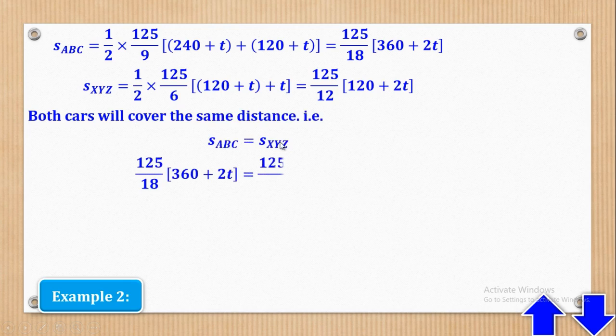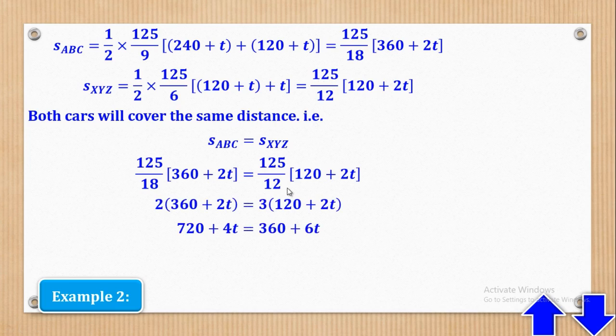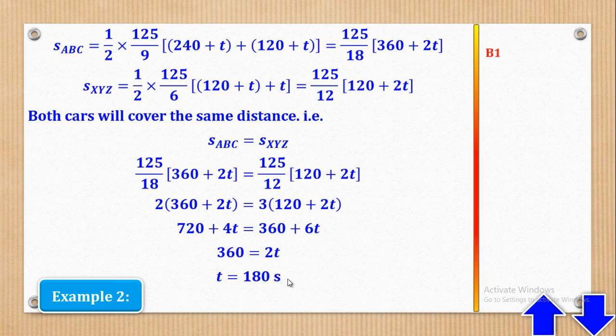So I'll equate this to this, and I'll have to simplify because I have only one unknown, which is T. So I'll simplify and make T the subject. So I'll come up with T being equal to 180 seconds.